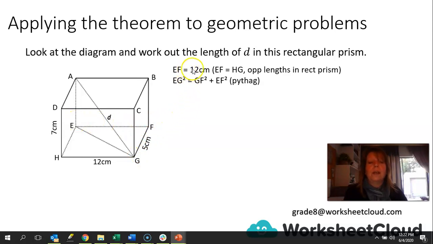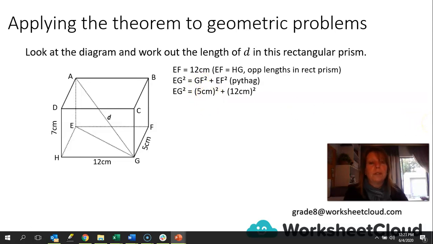We've worked out EF is 12 because it's opposite lengths in a rectangular prism. We're given that GF is 5. So obviously we're going to go 5 squared plus 12 squared. Okay, and it's 5 centimeters all squared plus 12 centimeters all squared. Just remember again, those brackets are there because we're squaring the whole thing, not just the centimeters.